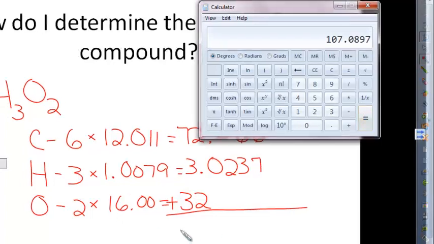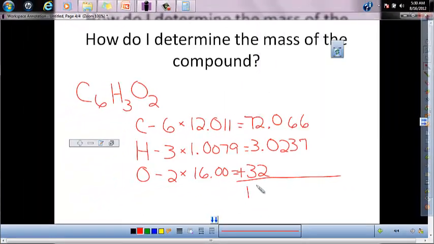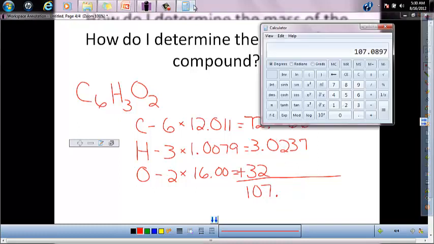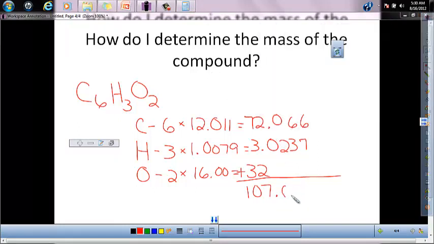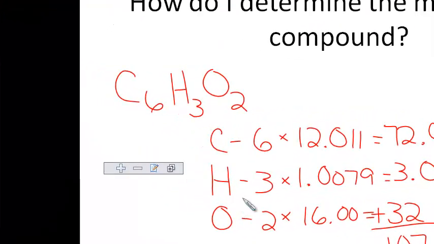Alright, there is the mass of the entire compound. 107 point, forgot the rest of it, 0897. Okay, now this is the mass of this entire compound. What's the unit for mass? Grams. Okay, so you got to put a little g beside it. Okay, so that's how we calculate the mass of the compound.